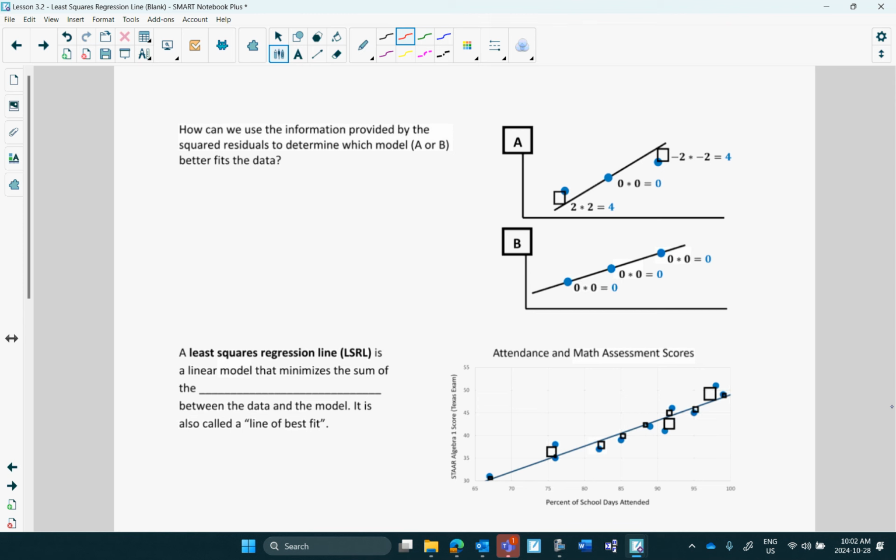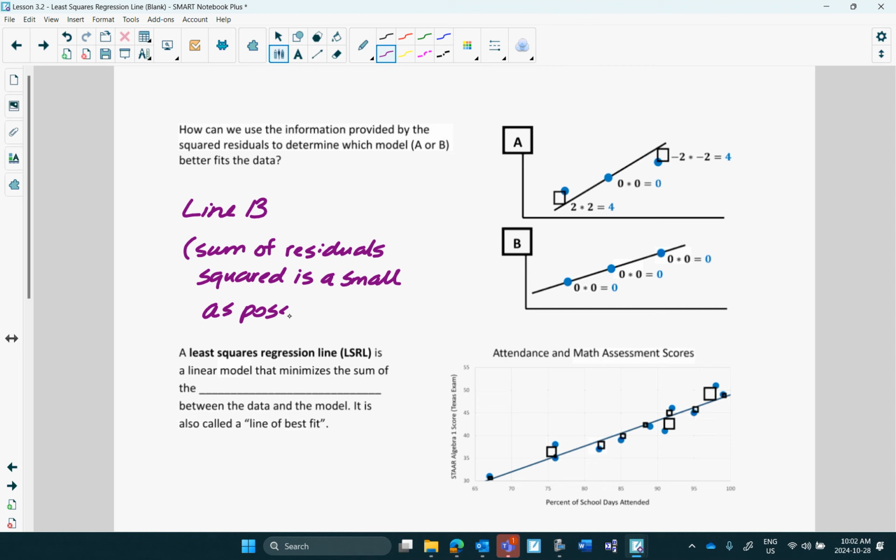So obviously, line B is a better fit, because the sum of the residuals squared is as small as possible. We can't get a sum less than 0, because remember, when we square them, everything becomes positive.